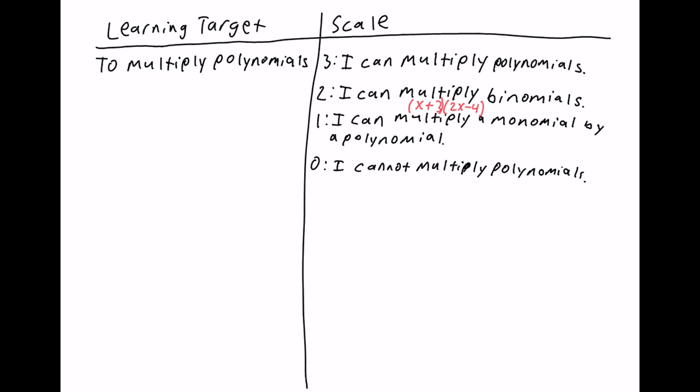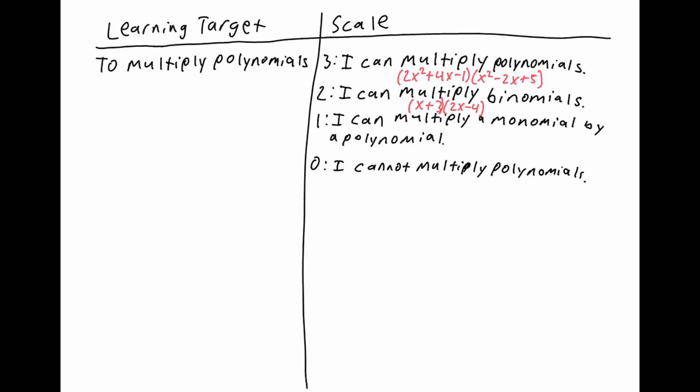Whether there's 3 terms, 4 terms, 5 terms, you can do them all. We most likely will only go up to 3 terms though. So the biggest you'll see is something like this: 2x squared plus 4x minus 1 times x squared minus 2x plus 5. Something like that.